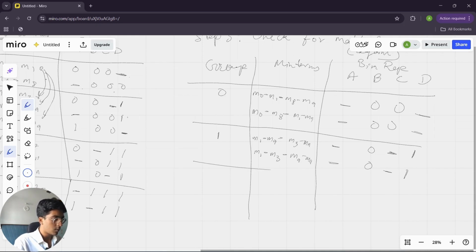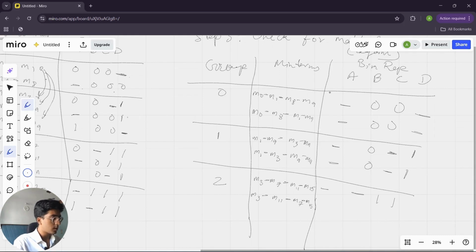Group 1 done. Same with group 2. For group 2, we have m3 m7 and m11 m15, which is represented as dash dash 1 1, and m3 m11 m7 m15, this is the same.